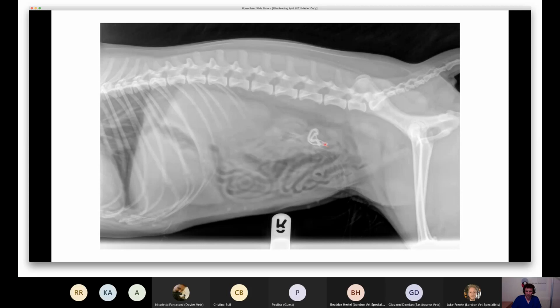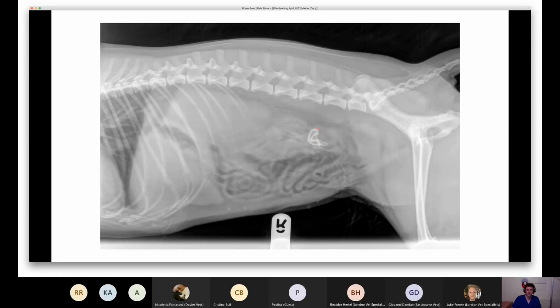And this linear, coiled, opaque structure that we can see is because a lot of swabs have contrast woven into them effectively, which makes them very easy to see on radiographs. And that's what this is. The coiled up linear stuff that we can see here is really super opaque.